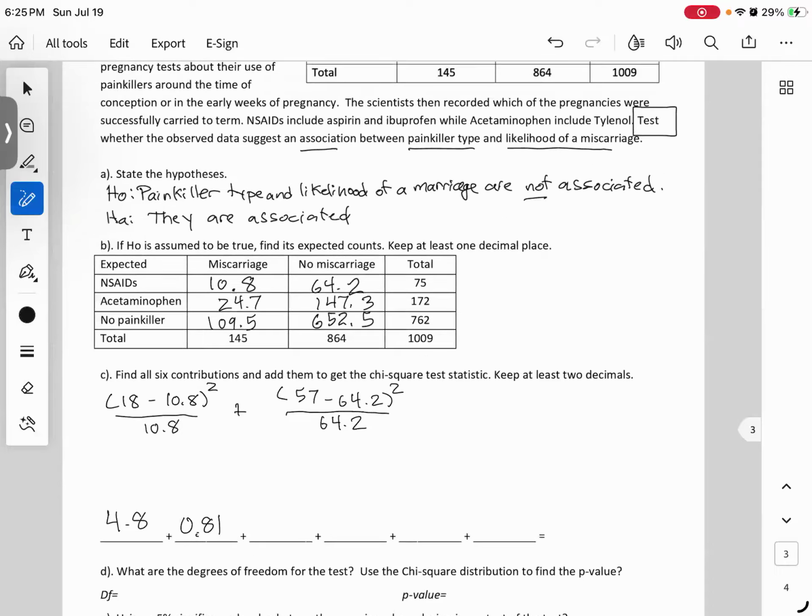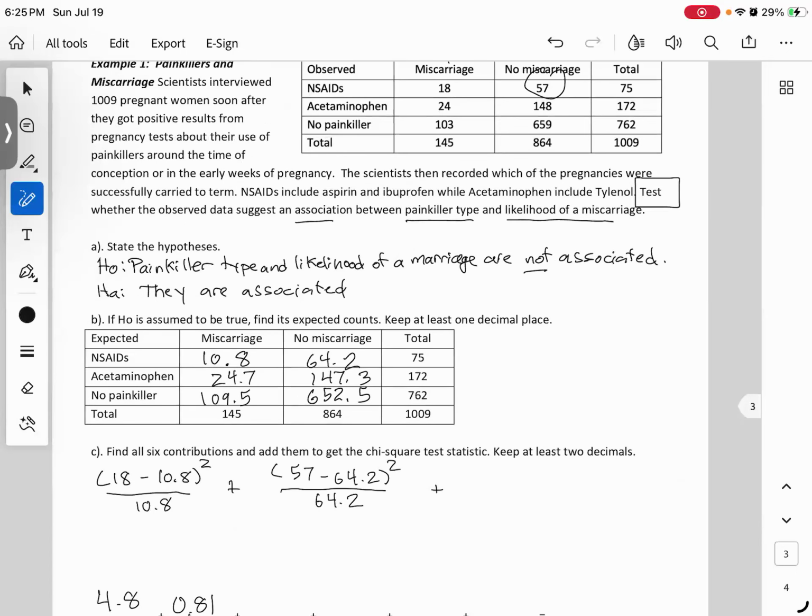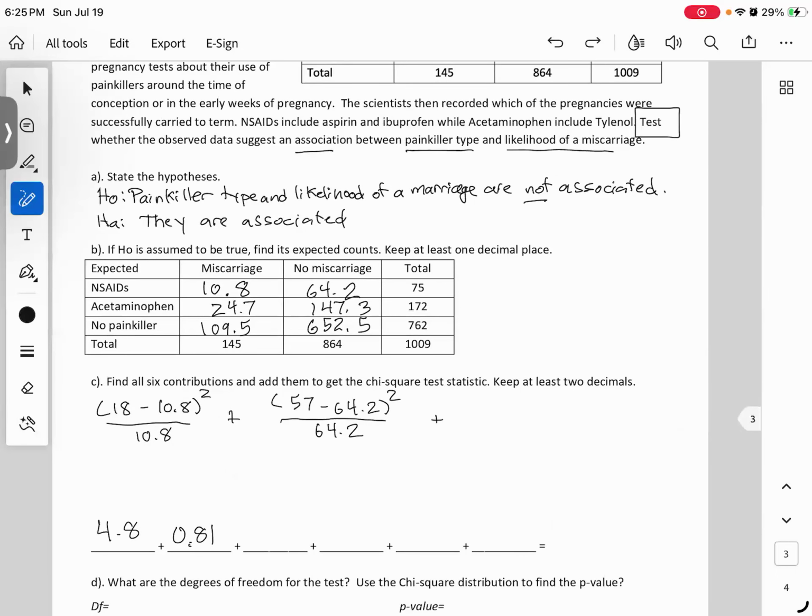And I'll write another one. Again, the order doesn't matter. I'm going to go with the 24 and the 24.7. Once you've done a few of these, I hope it starts to feel very repetitive, and then you just continue to get your values down here.